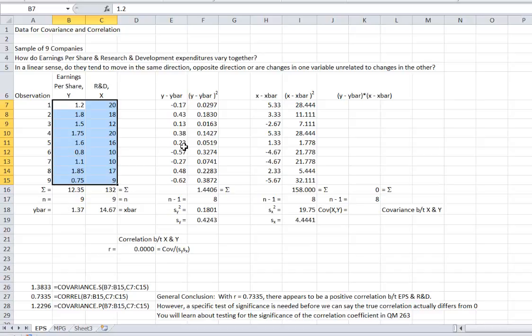To calculate the variance and standard deviation, you would take this value minus its mean, then square that deviation and sum up all those squared deviations. This is a sample, so we're going to divide by 8, rather than 9, so n minus 1.